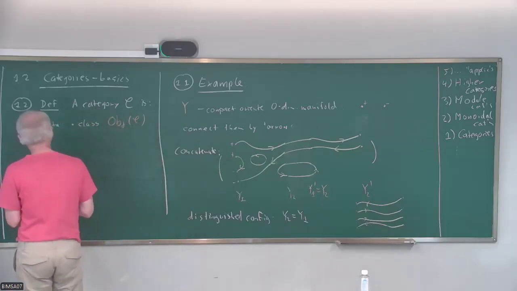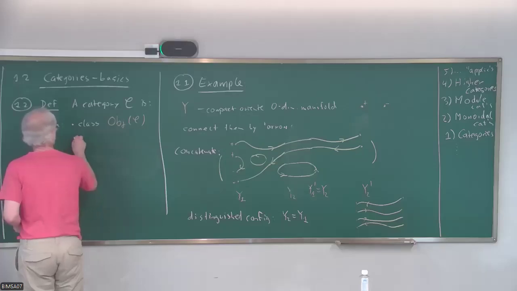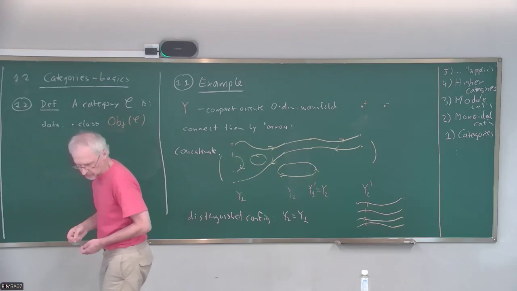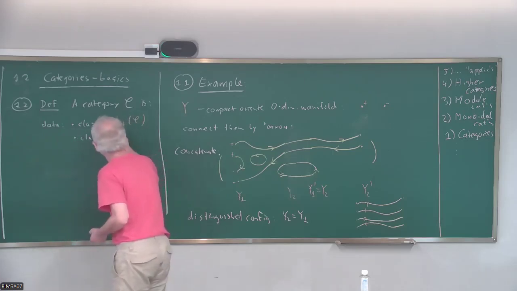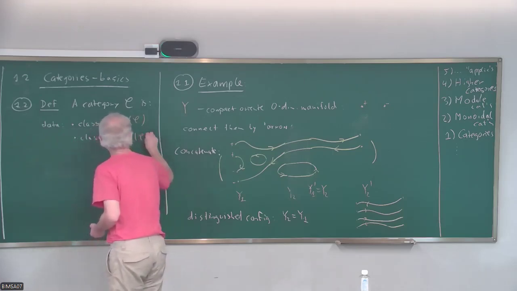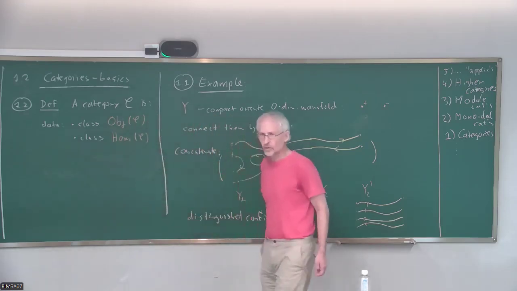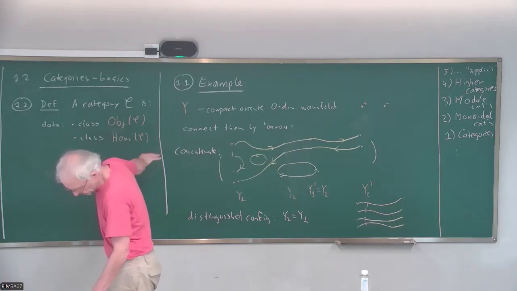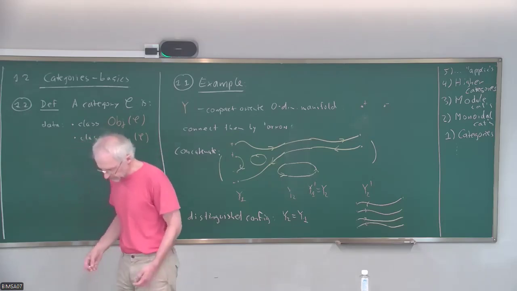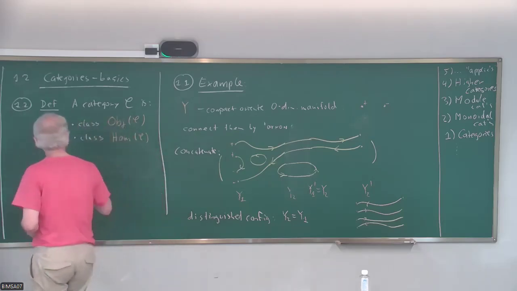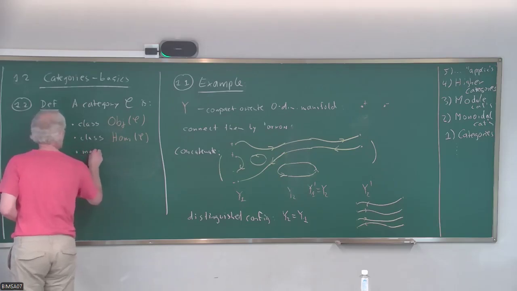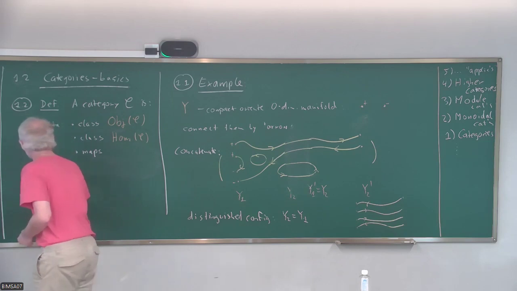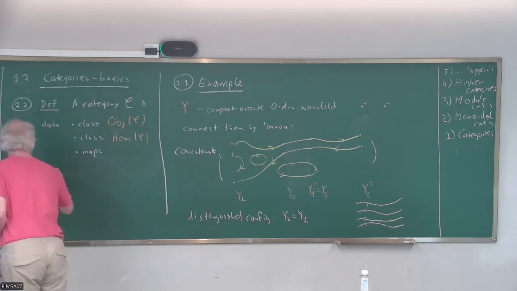And there's another class of objects which we call the morphisms of C, and I will use the notation hom of C. Some people call this also arrows, as motivated, for example, by these examples. And then we have four maps between them. First of all, there is a map which we call identity.